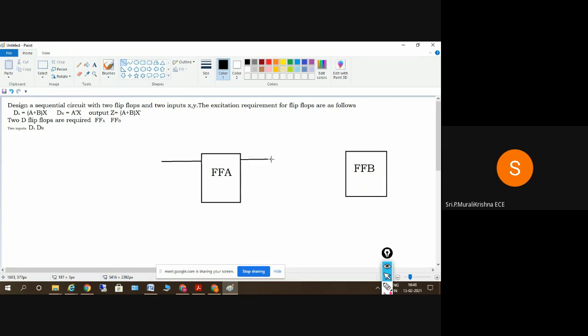We have A or A of t plus 1, and we have A bar, and this is B, and we have B bar.